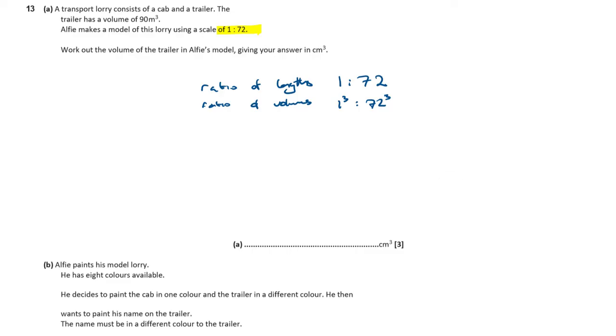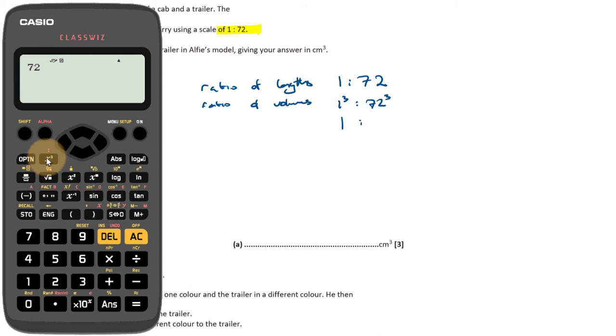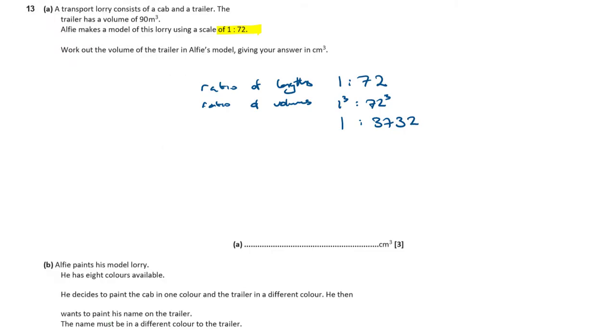Well, 1 cubed isn't, that's just going to be 1. 72 cubed, what's that? Huge. That's going to be 373,248.